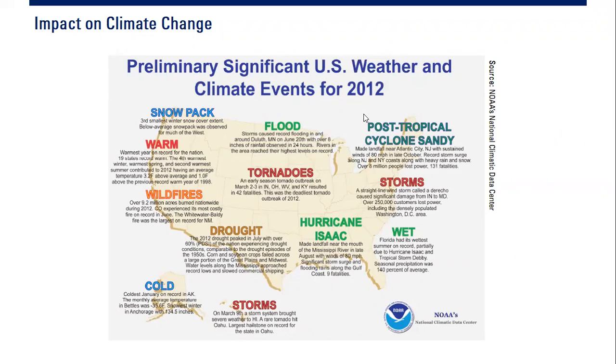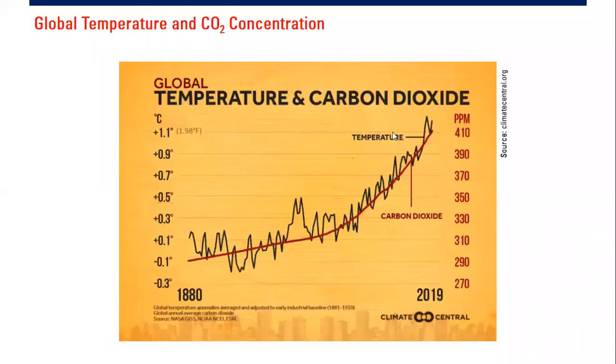All right, so for this particular video, we will continue our learning and we will start with the global temperature and CO2 concentration. This is a very important profile. You can see we have global temperature and carbon dioxide. On the left vertical axis, we have the increase in temperature in Celsius.